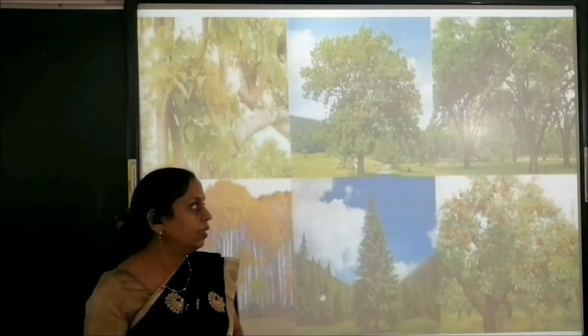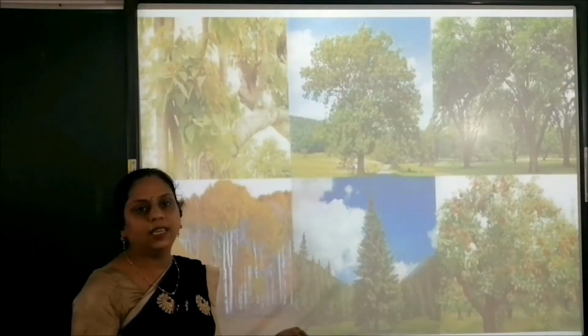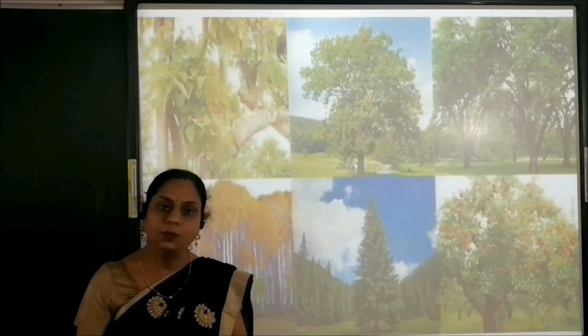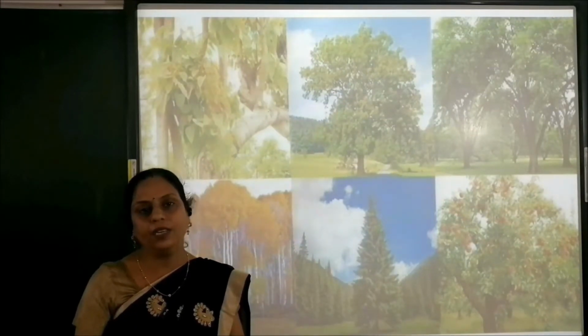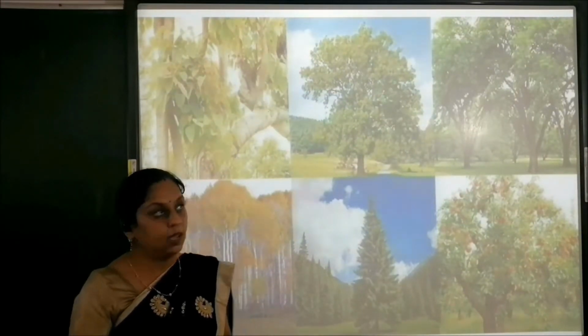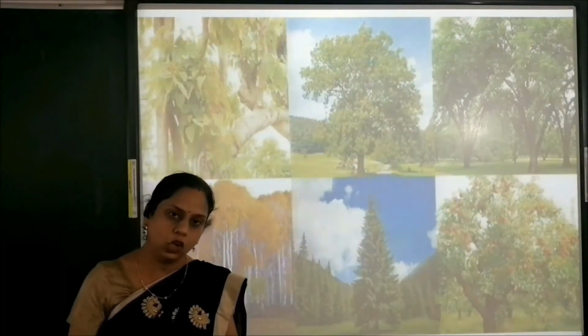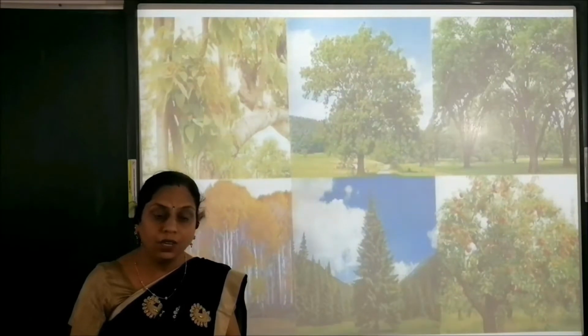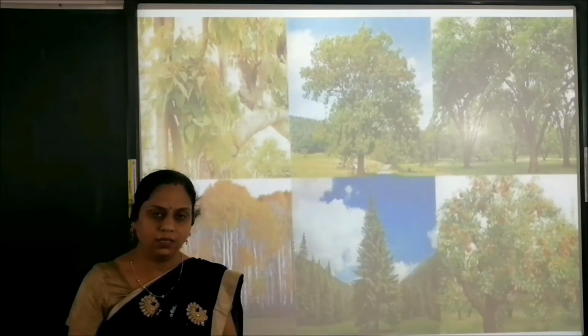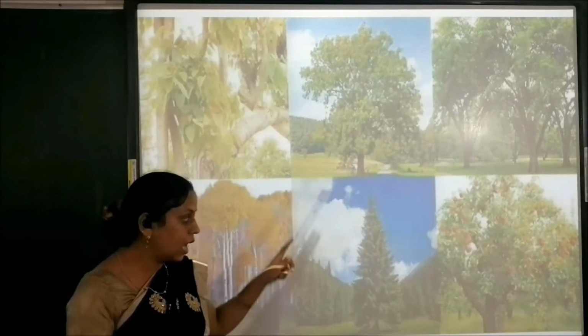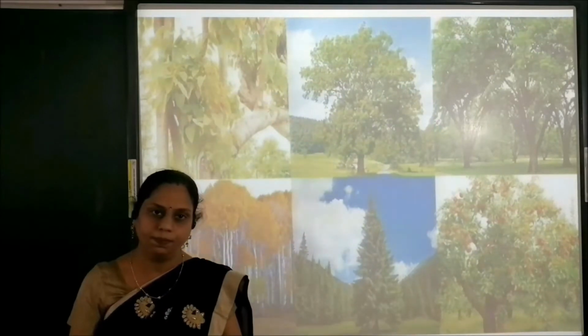Now children, what can you all see in these pictures? These pictures are of different types of trees. Some trees are taller, some trees are shorter. Some trees have many branches. Some trees are conical in shape.